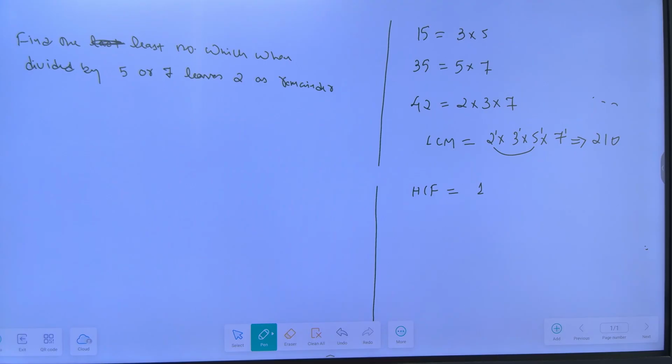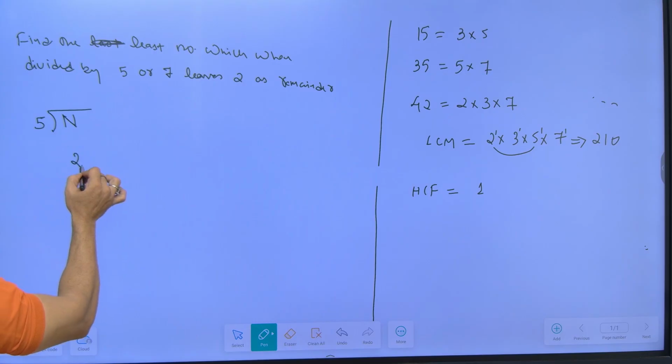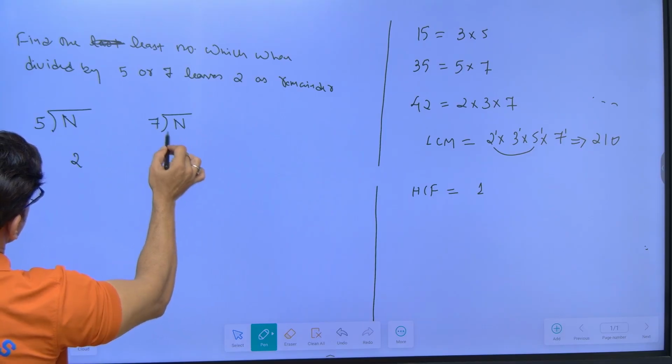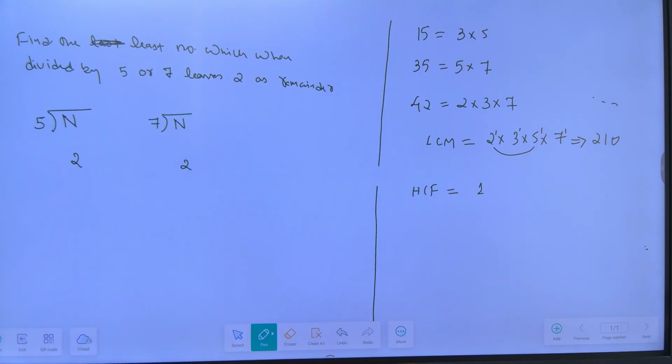The question is, you have to find the least number. Let's say the least number is n. When divided by 5, it leaves a remainder of 2. And the same n when divided by 7 also leaves a remainder of 2. So you have to tell me the first number. Least number means first number. Suppose I take, let's say, 9.